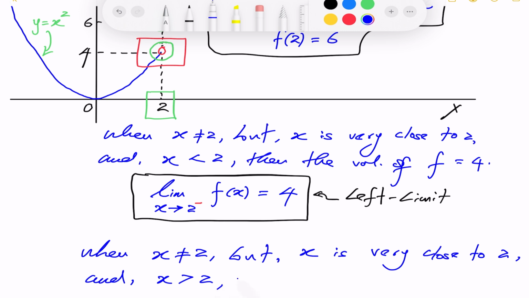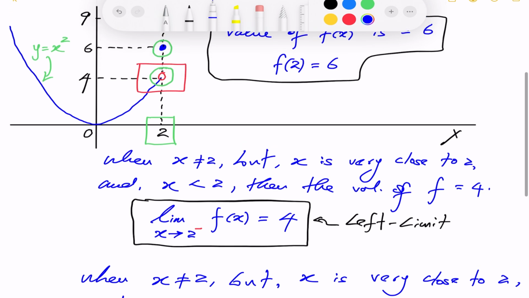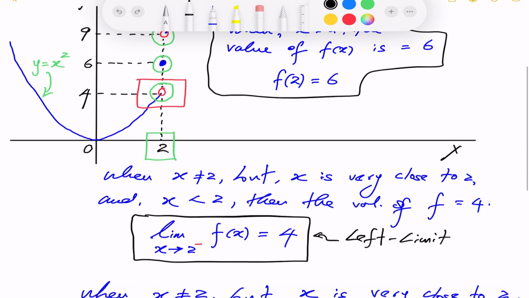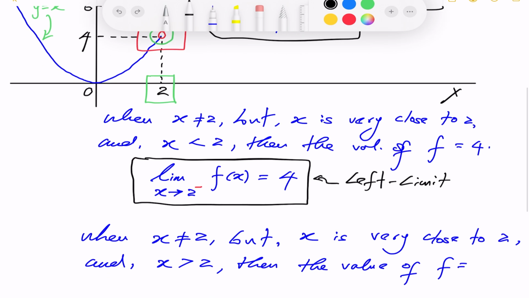In that case, the value of f is equal to this function. When x is slightly more than 2, the value of f should be equal to the point that represents right here, which is 9. Okay, so we will write it as that. That should be equal to 9.